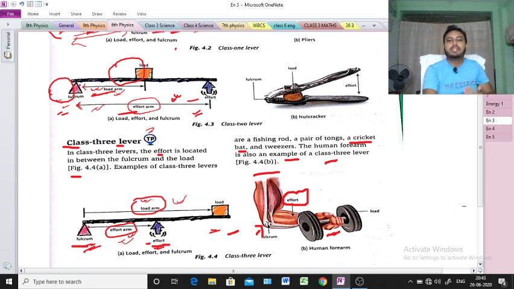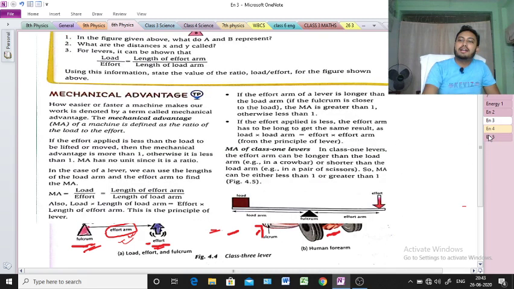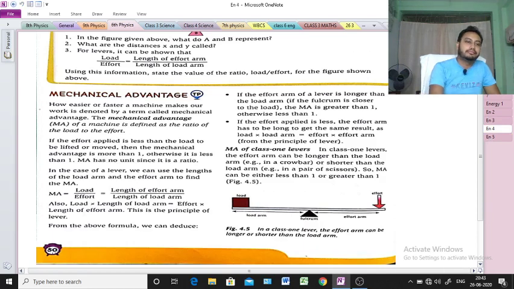Now coming to the point: mechanical advantage. So what is mechanical advantage? What is the short form of mechanical advantage? The short form is MA, where M is mechanical and A is advantage.